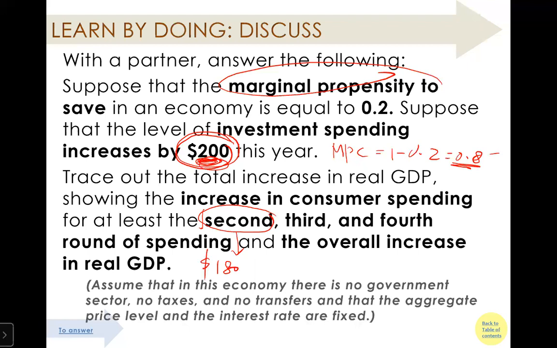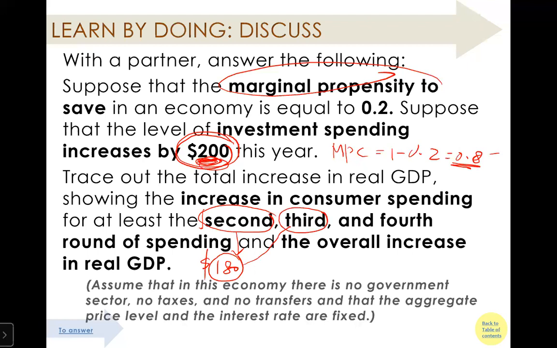So you may say, this person is going to spend that money to buy, say for example, a chair. Now this money goes to somebody else's pocket, the third person in the economy, or the third round of spending.